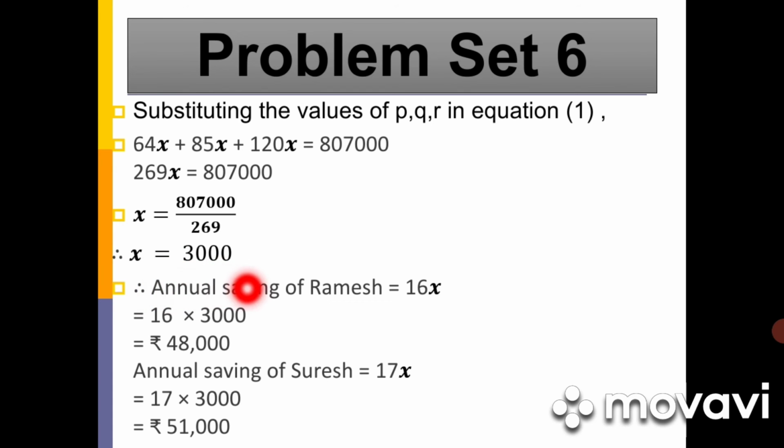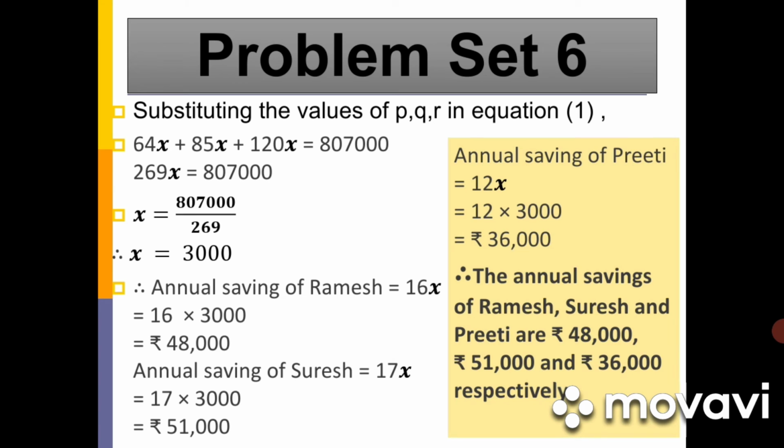Therefore, the annual savings of Ramesh is equal to 16x, which is equal to 16 into 3,000, and that is equal to rupees 48,000. Annual savings of Suresh is equal to 17x. This is equal to 17 into 3000, which is equal to rupees 51,000.